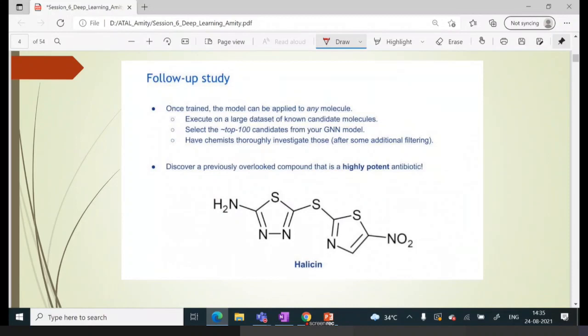There are sub applications also. For example, let's say you have derived 100 candidates based on the experimentation which you have just done. Now you can recommend these 100 candidates to chemists for further processing, and then they can identify whether a particular candidate is an antibiotic or not.